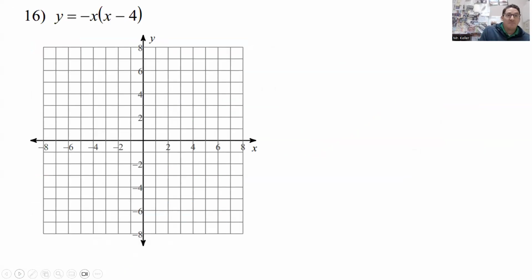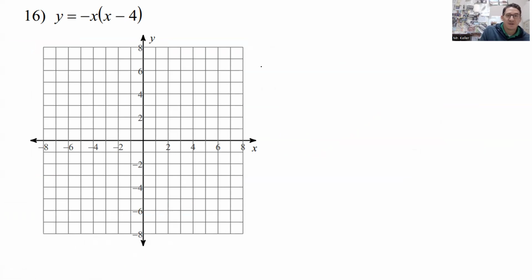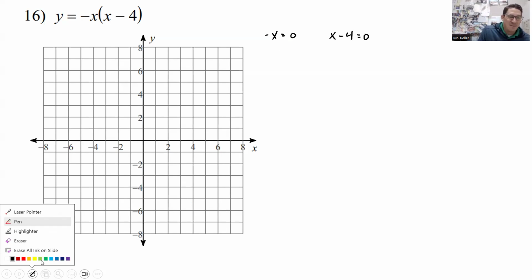So here I'm going to find my x-intercepts. So starting off, negative x is equal to 0, and then x minus 4 is equal to 0. So since there's nothing plus or minus in here, this one's actually real simple. You can divide by -1.